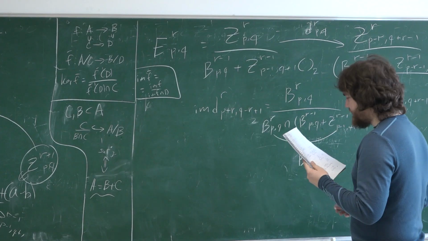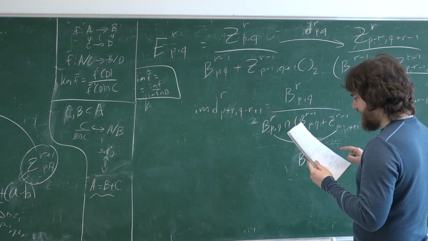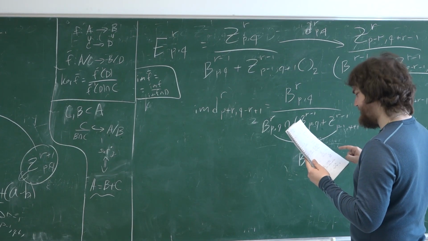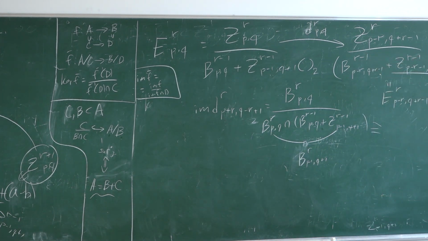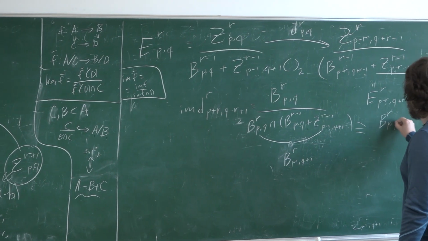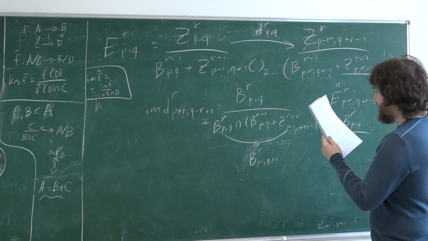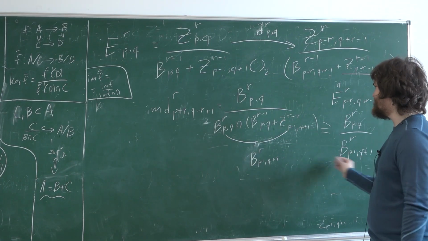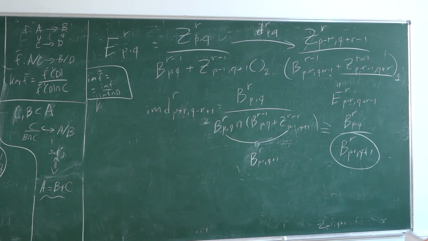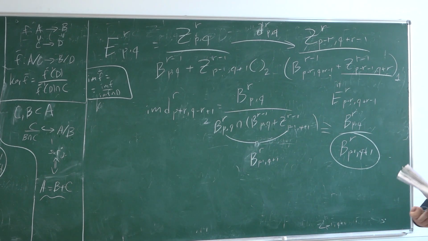So in general, as a result, you obtain that this is isomorphic to BR PQ modulo BR P minus 1 Q plus 1. Finally, all these things lie in this. Okay, yes, you can check this.